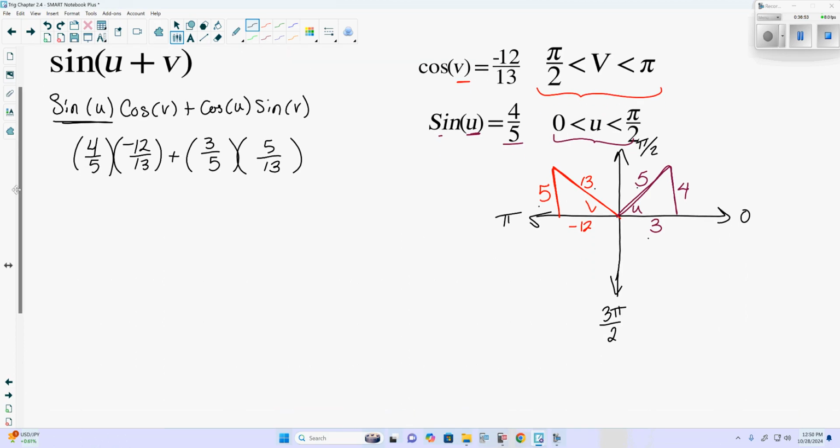Now, at this point here, we could plug this all into the calculator and let it do it for us. If we do this by hand, we had negative 48/65. And here 3 times 5 is 15. 5 times 13 again is 65.